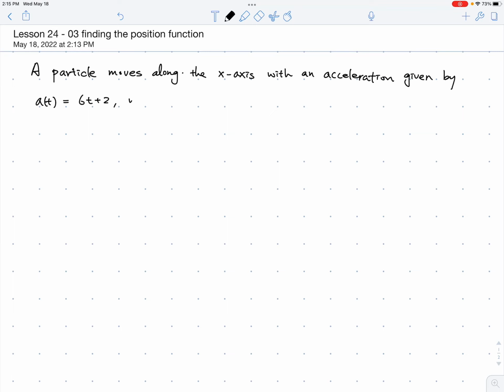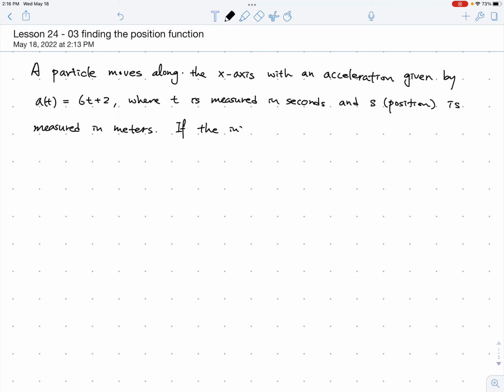You know that t is measured in seconds, and s, the position function, is measured in meters.